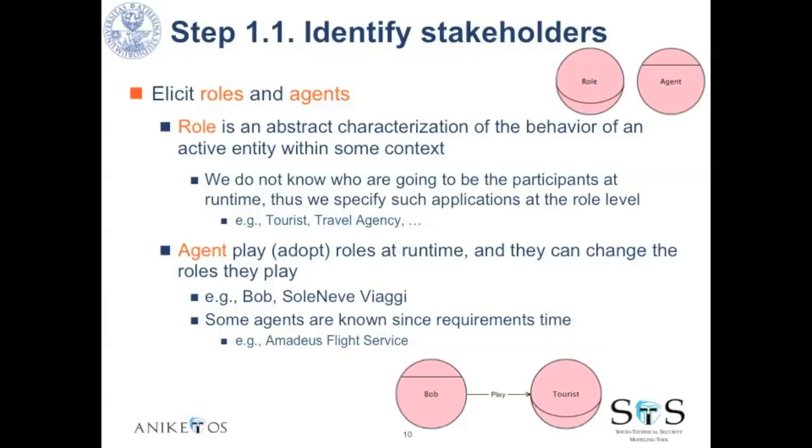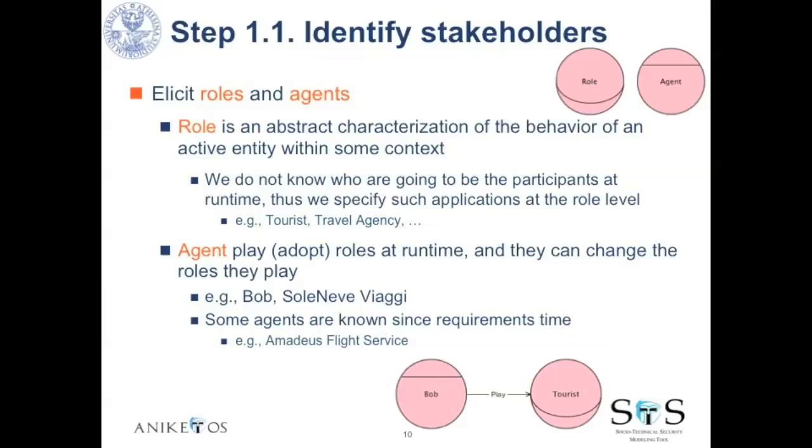not know whether this visiting researcher is going to be Fabiano or someone else, or the travel agency is going to be Soleneve Viaggi or some other agency. So for that, we use role. So roles are tourist, travel agency in our given example, whereas agents actually are the actual participants at runtime that would adopt these given roles, say Bob or Soleneve Viaggi. It happens also that some of the agents that we have in our setting are already known when we are designing the system.